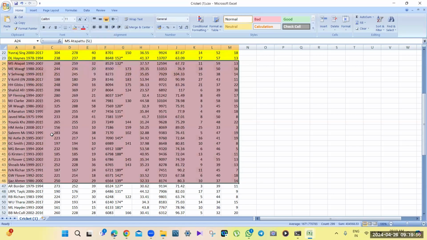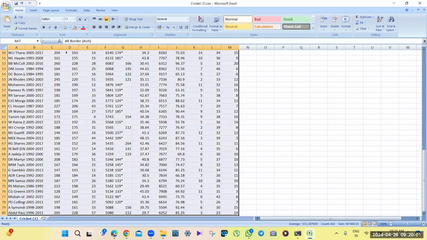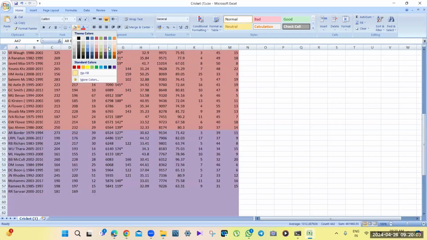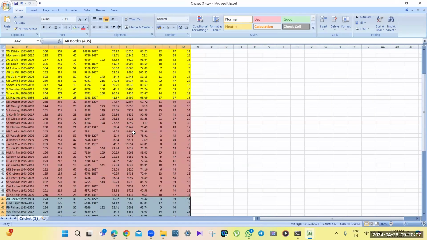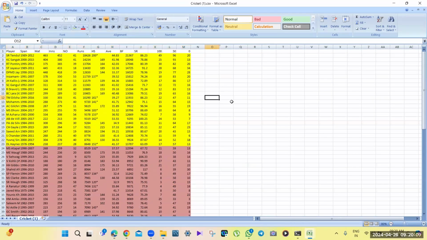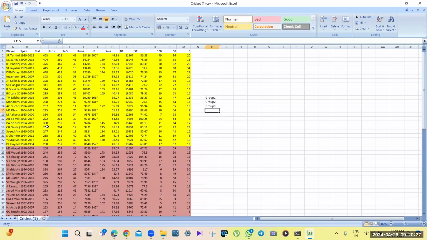This is one group, this is another, and this is another. So these are the three groups: group one, group two, and group three. Basically, I created three groups out of it.